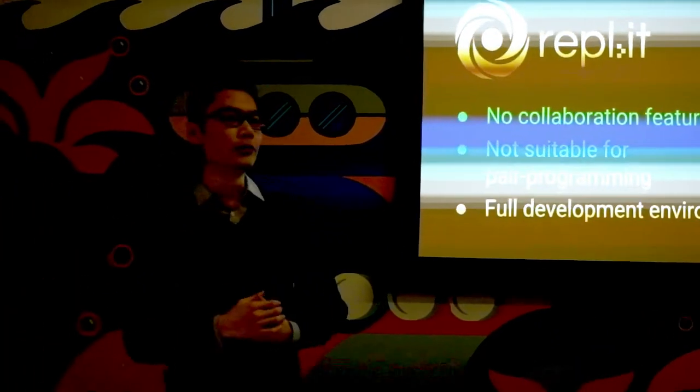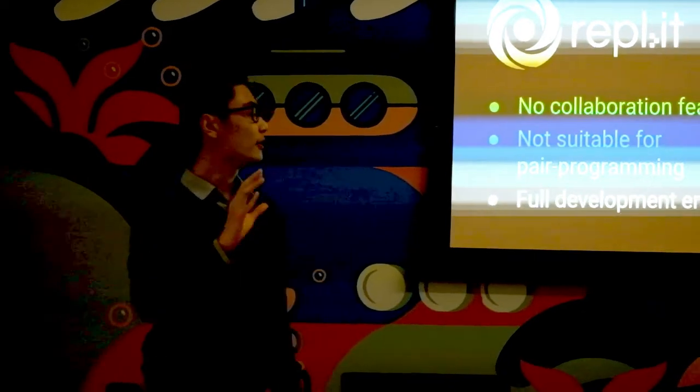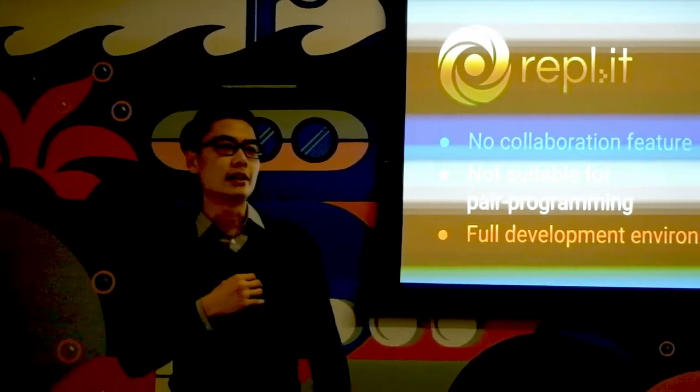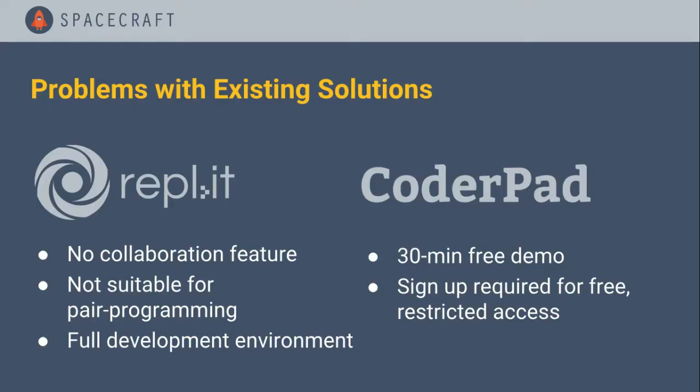Currently there are a few existing solutions in this space, and I'll go through each one of them and tell you why they are not ideal. First of all, we have REPL.it. REPL.it is basically an IDE, a development environment for people to execute code, run multiple files and all that.